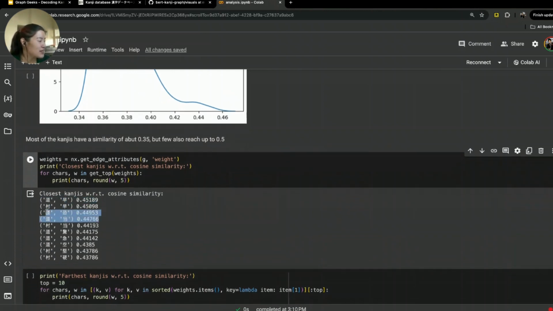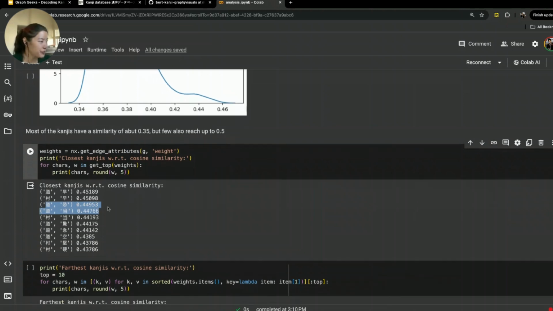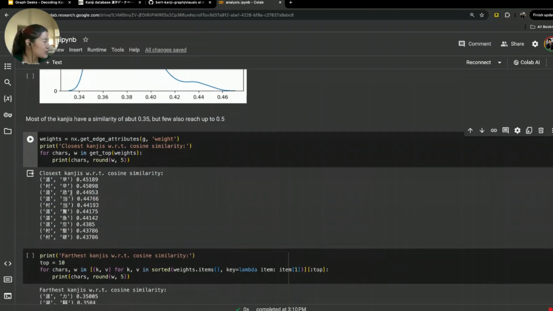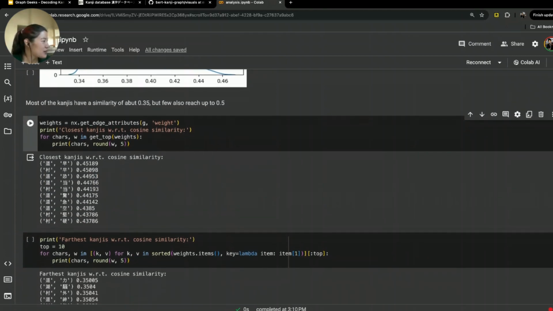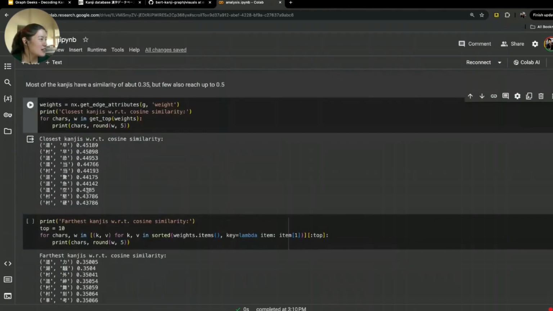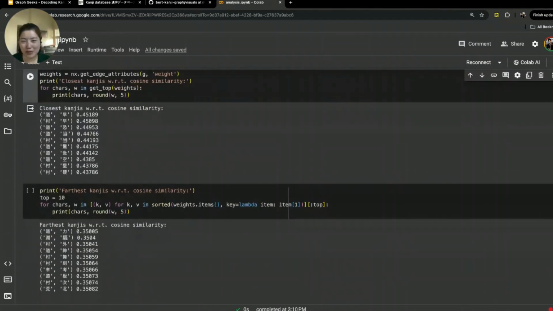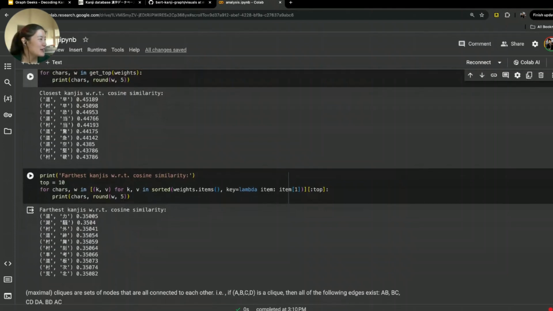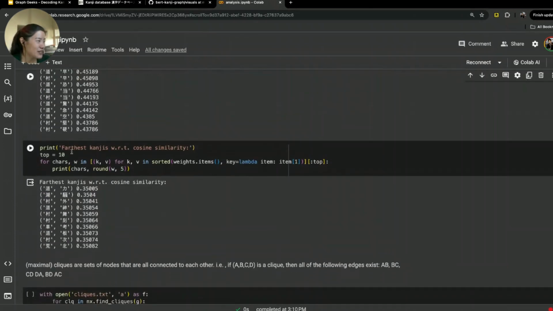But I really wanted to see, and then visualize later, what are the kanji that have the most similar meanings with our influential ones. I think these are pretty interesting. Hand is one of them, which can also be used to mean a goal, for example.